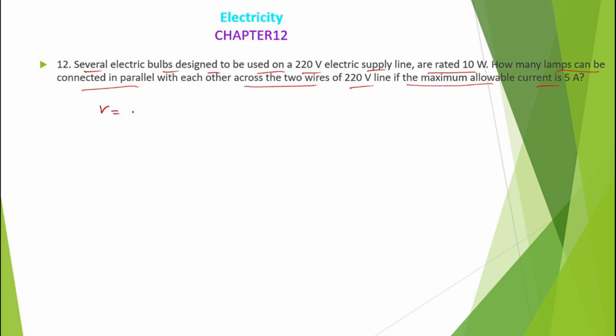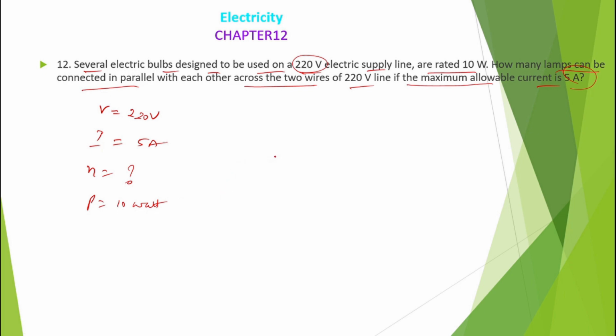V he has given 220 volt. Okay. And I he has given, I is equal to 5 amps. So that is maximum. So N is the question mark. And P he has given, P is equal to 10 watt.